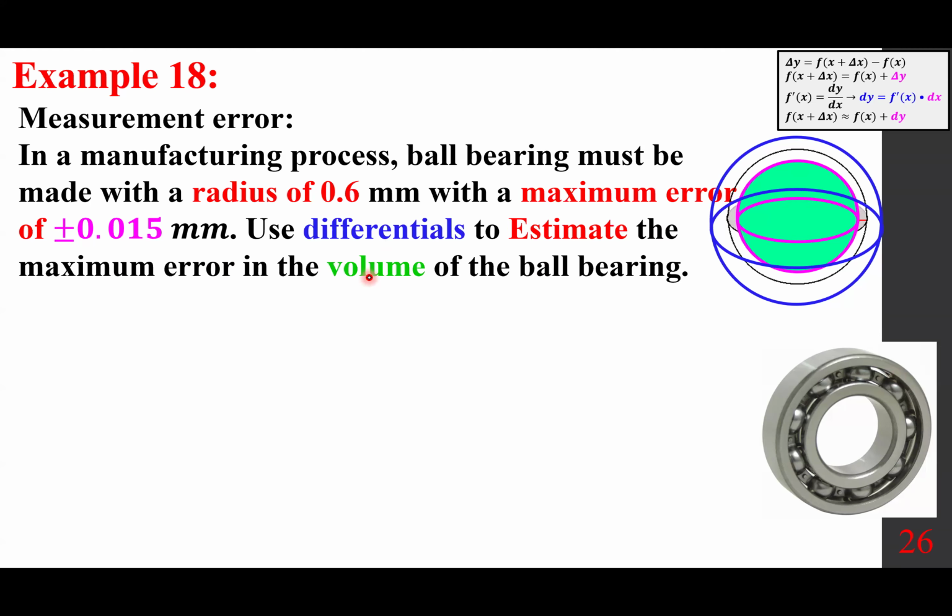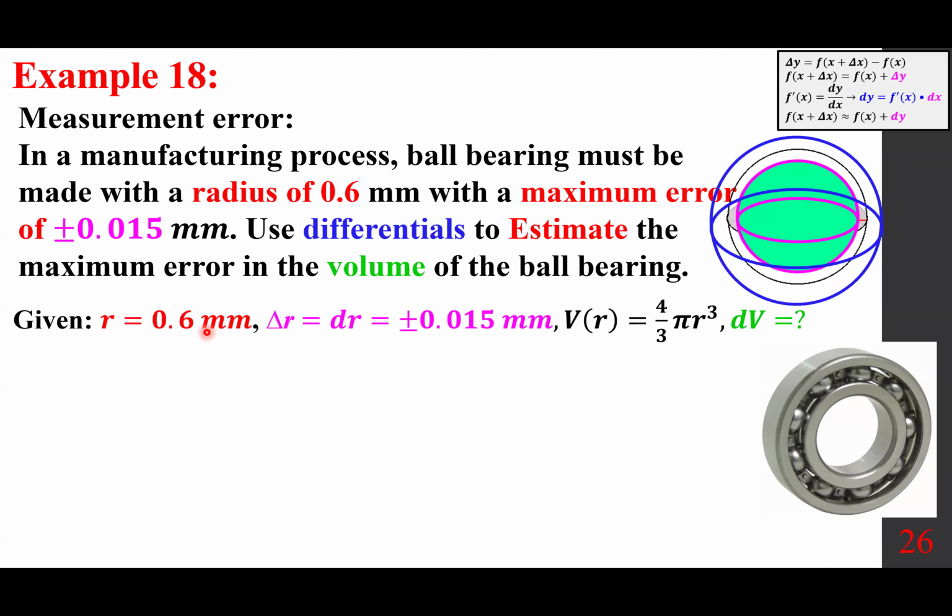That means find dV. So we're going to write R is 0.6 millimeters, delta R or dr is plus minus 0.015 millimeters. We know this from algebra / geometry. We are looking for dV. Okay, so given V, find dV. That's what we are looking for.